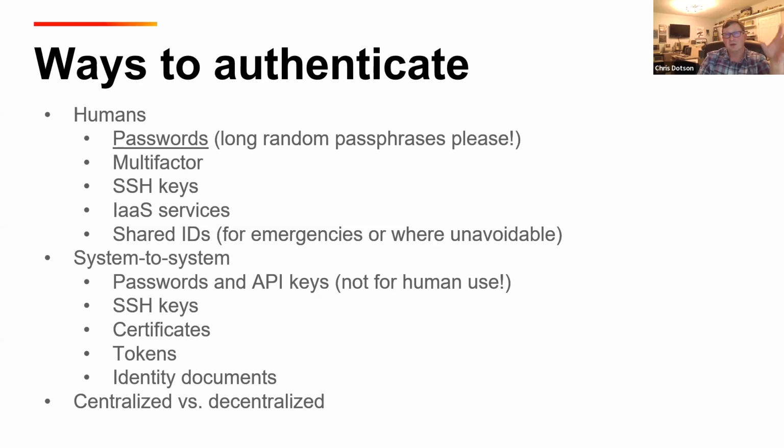Note, by the way, that automation can't use multi-factor, so it can't generally hold a device or have a fingerprint. There are some minor exceptions: for synthetic monitoring, you can give it a TOTP, a one-time password, in some cases. But generally speaking, automation can't. And so a good way to guard against leakage of credentials for automation is to say, not only do you have to have it, but in addition, you have to be coming from this particular IP address.